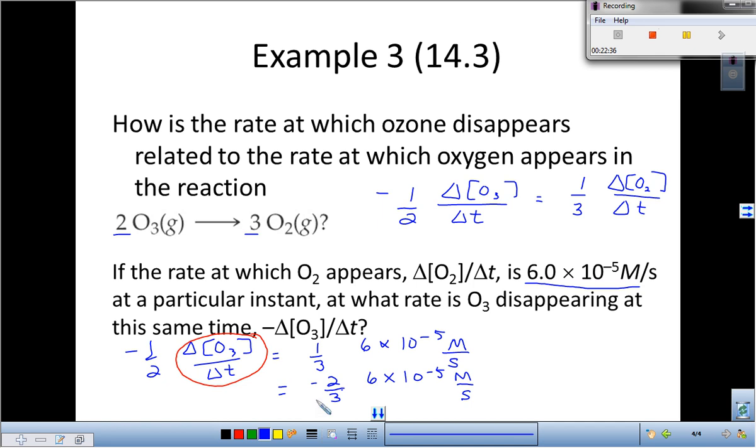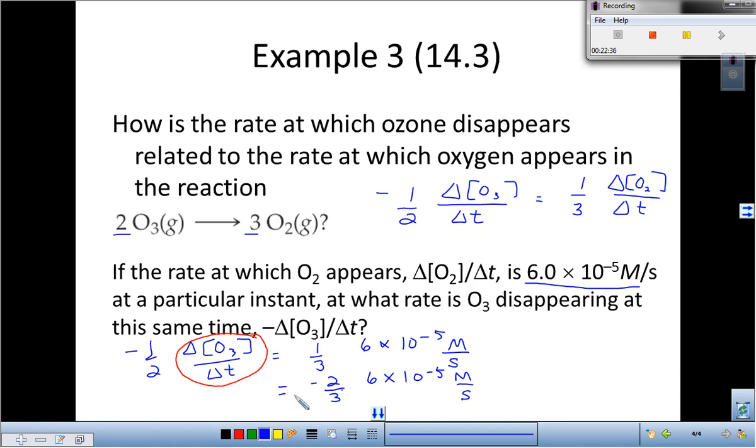Where does this number come from? It's these numbers in a relationship. This ratio: for every 2 moles of this, I get 3 moles of this. So that's where this fraction comes into play. It's the relationship between this and this.